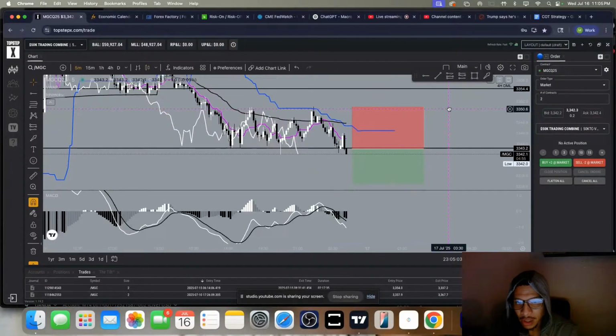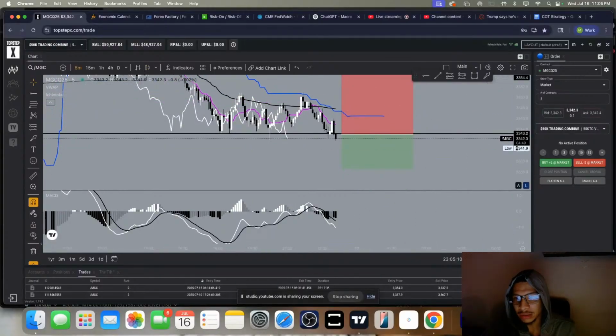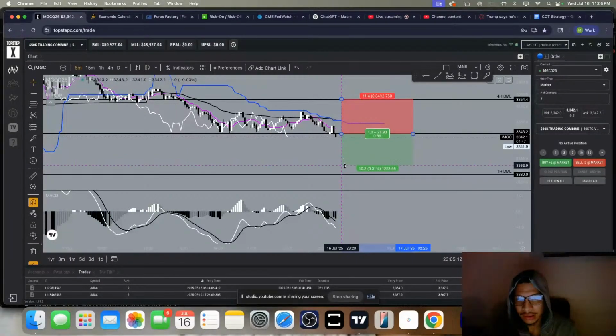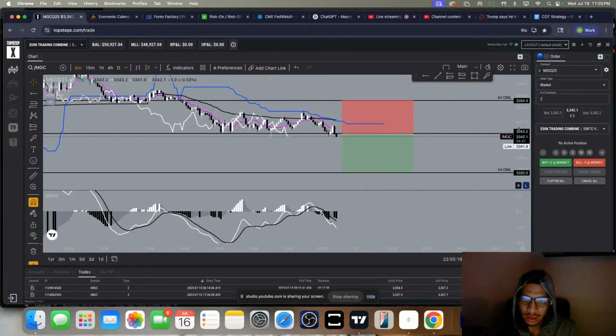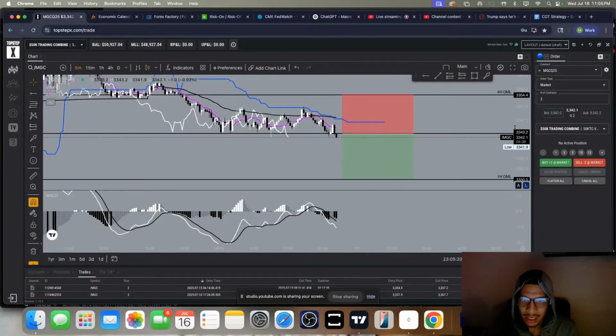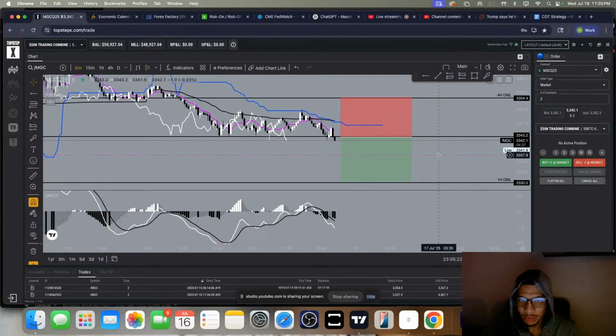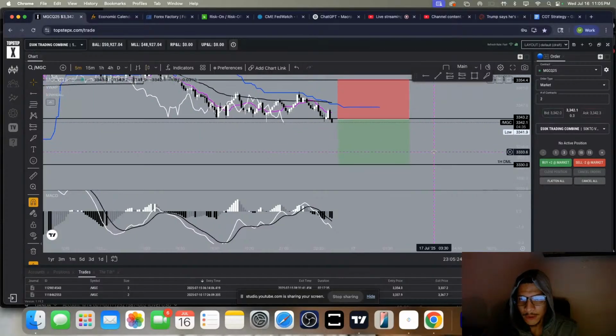Am I afraid of being stopped out? No, that's not the point. The point is, what can I do to increase my chances on this trade? That's about a 1-to-1, which I'm cool with. Ideally, the higher the better, of course, but I'm cool with the 1-to-1.